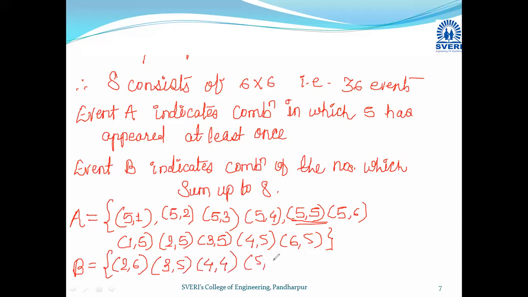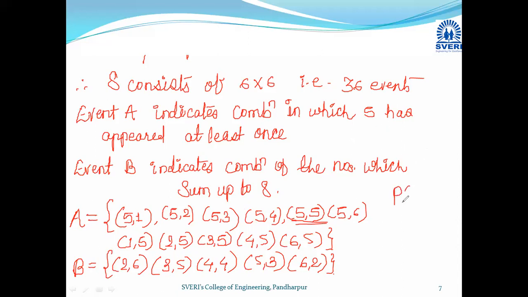Next possibility, that is 5-3 and 6-2. Check that. Event A indicates the combination in which 5 has appeared at least once, and event B indicates the combination of the numbers which sum up to 8. So here we have these two sets.